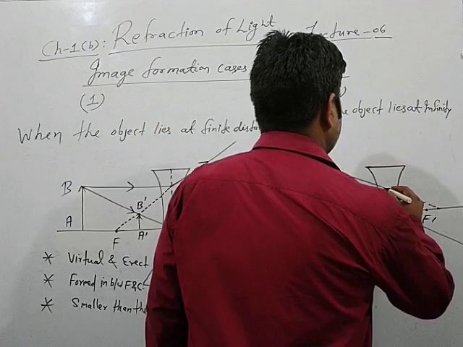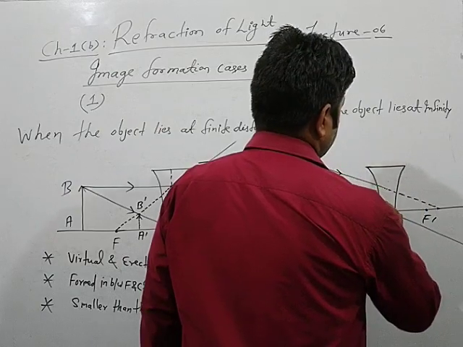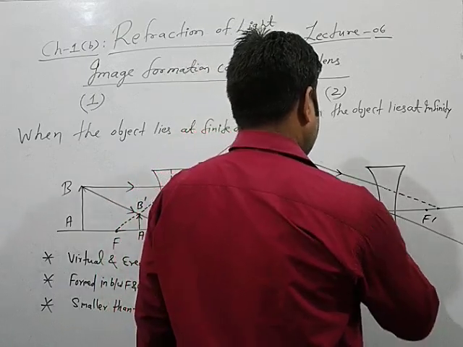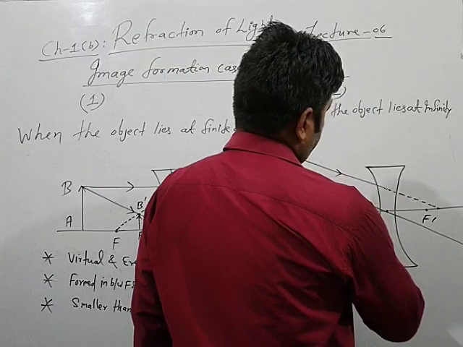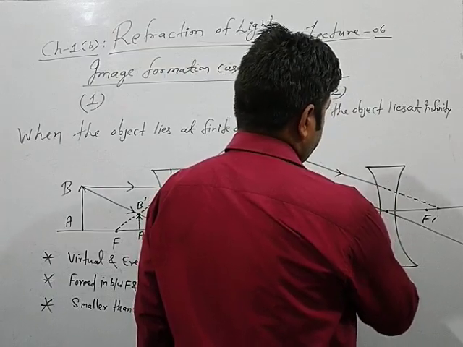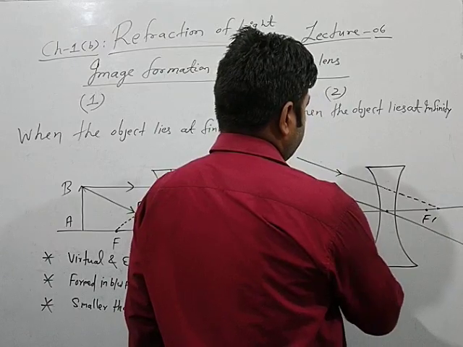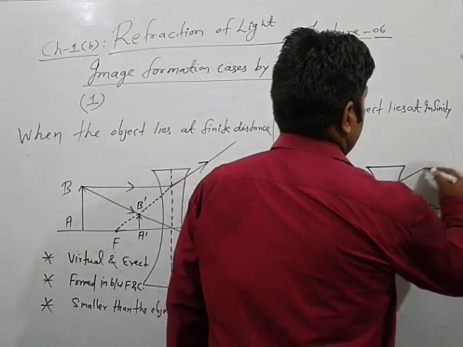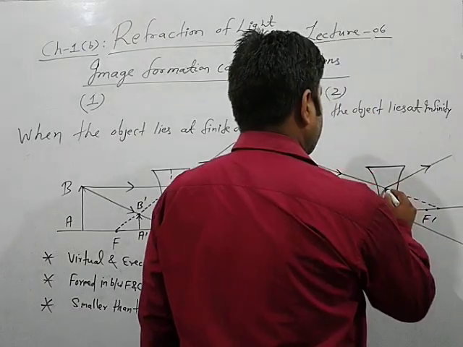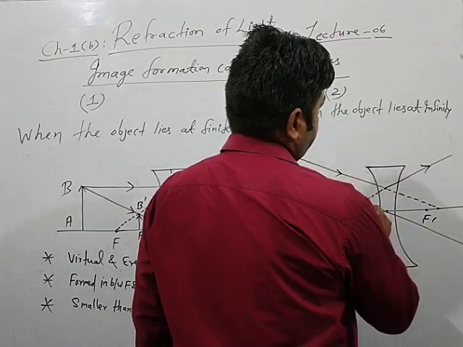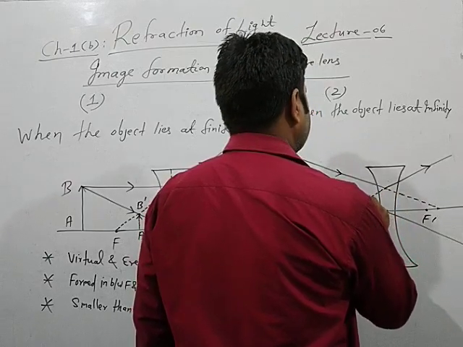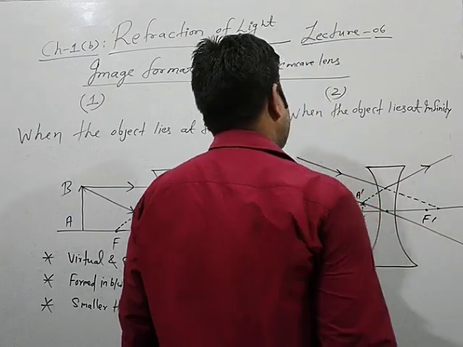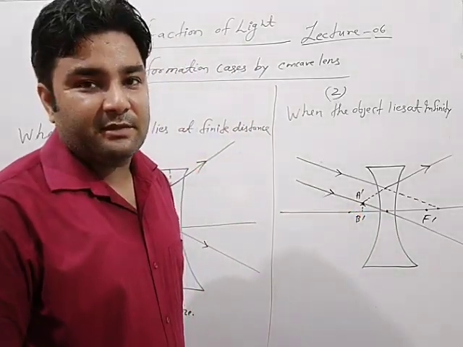When proceeded backside, the light rays intersect at a common point. This is A dash and this one is B dash. Here the image size is much smaller.